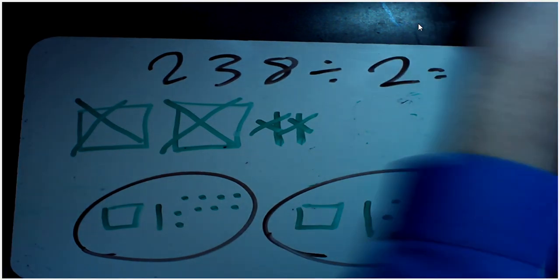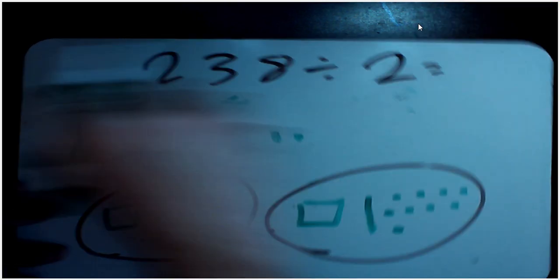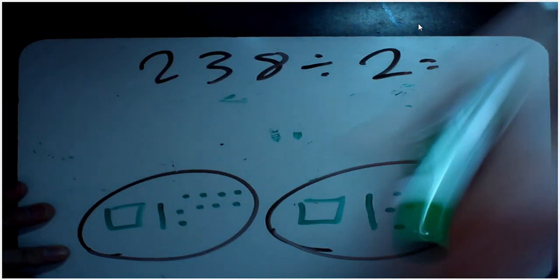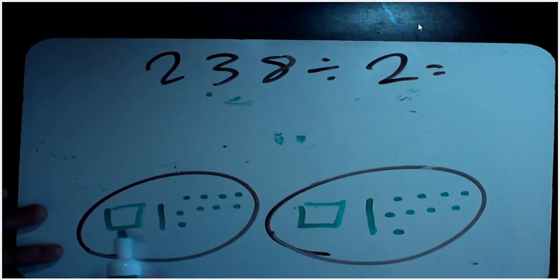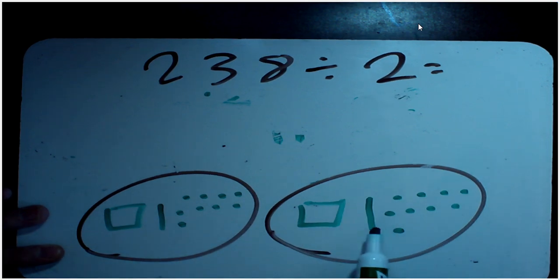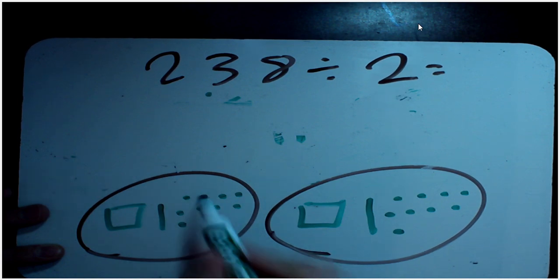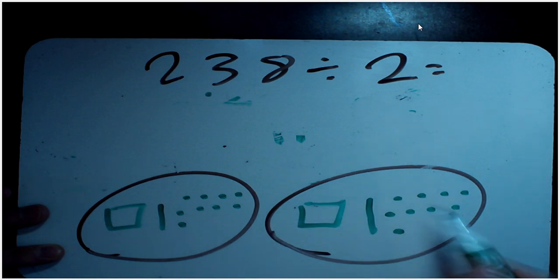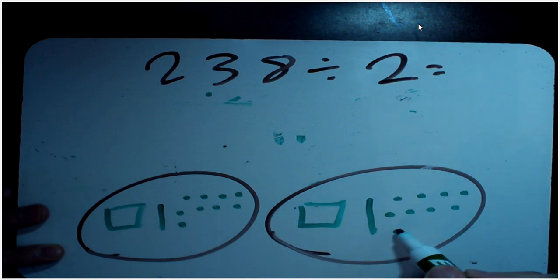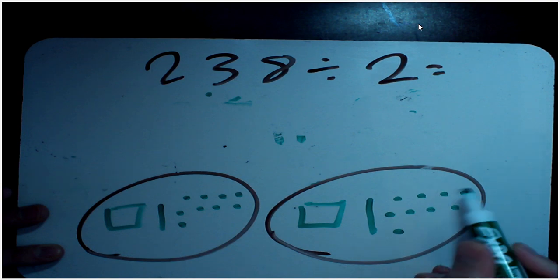So if you look at this and I count this all up, I should have my dividend, 238, just to check my work. 100, 200, 210, 220, 221, 222, up to 238.